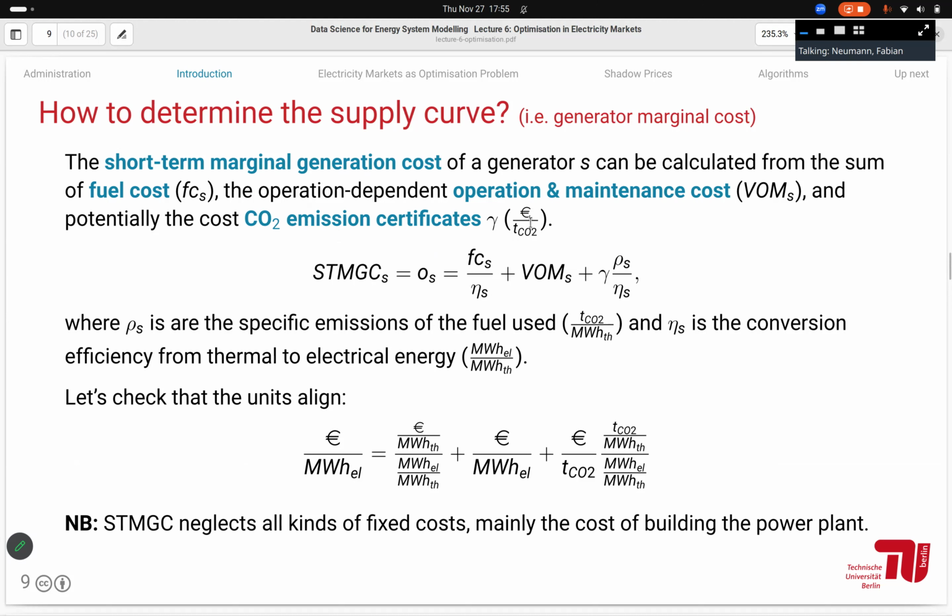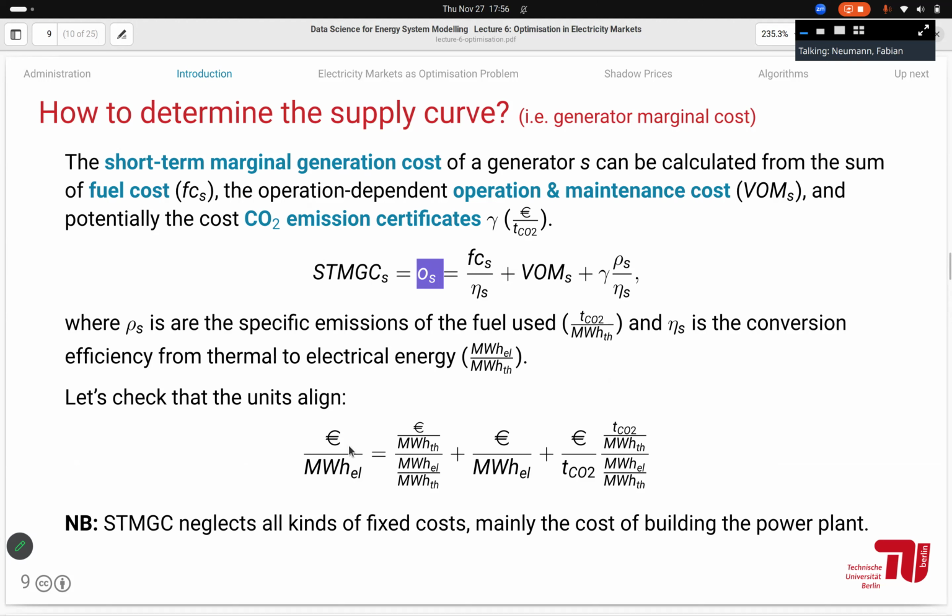In the following, we will just use OS as a symbol for that. And it's really fuel cost, variable operation and maintenance cost, and CO2 emission certificates brought to a euro per megawatt hour electricity price by using the conversion efficiencies and specific emissions.